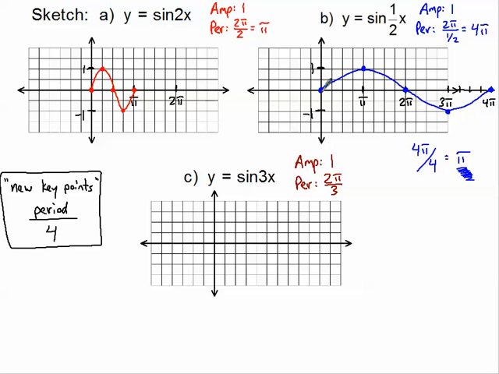So what I'm going to allow you to do when the period is something that is not really useful in terms of fourths, I'm allowing you to change your x-axis slightly. 1, 2, 3, 4 tick marks is normally what we do for pi. This time we're going to go to 6 tick marks. It's a little bit off, I understand, but it's going to be a whole lot easier to find 2/3 when you're talking sixths than if you're talking fourths.